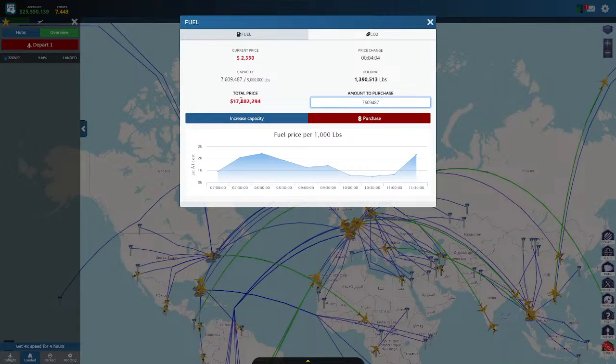So by waiting, I'm just going to turn on some light here. By waiting for this price to come down to half, around here, I will cut this cost in half. I will save almost 9 million, and that's a lot of money.